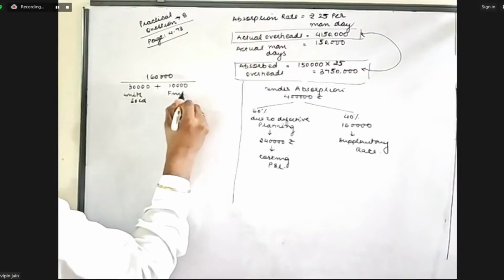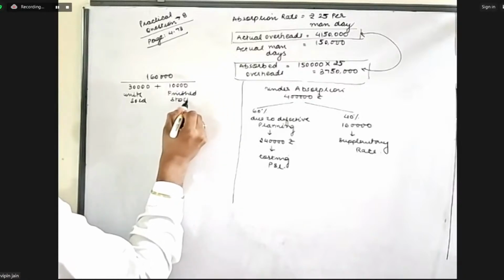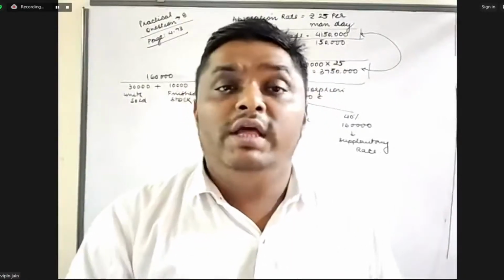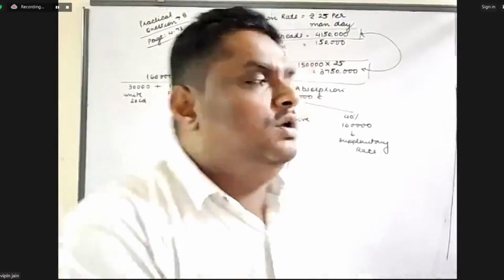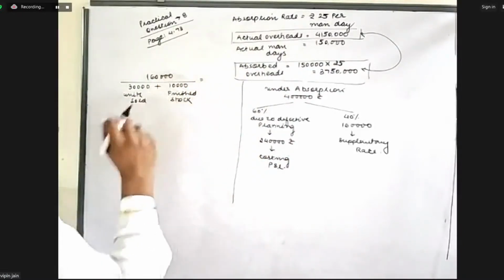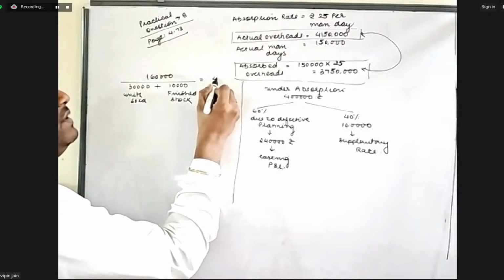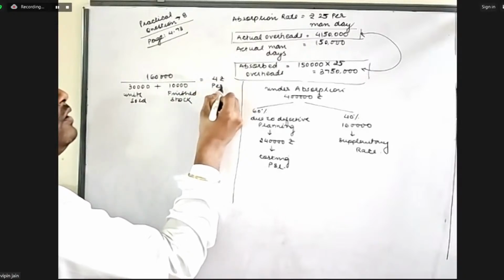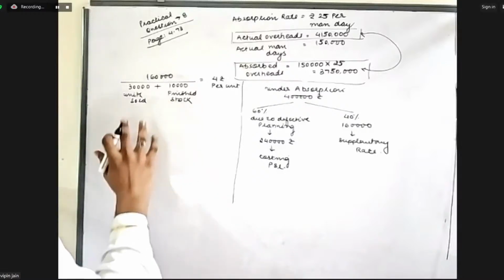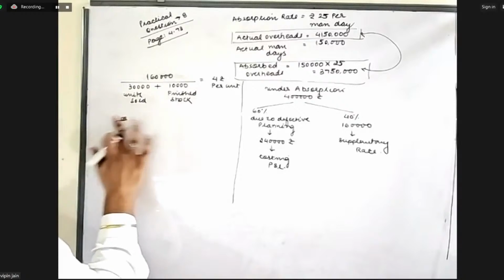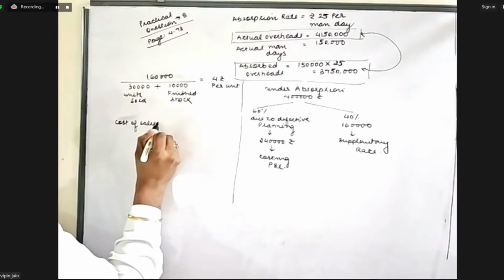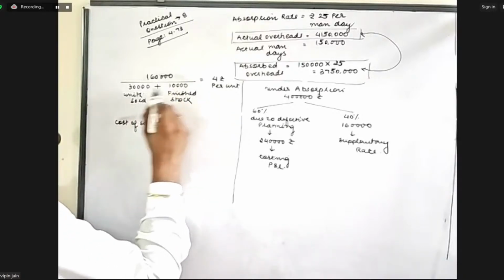Finished stock. Since we manufactured 40,000 units, of which 30,000 units are sold, it means 10,000 units are still in stock. So 30,000 plus 10,000, we get the supplementary rate 1,60,000 divided by 40,000. So this will be rupees 4 per unit. So we will charge it to finished stock and cost of sales. So my cost of sales will be increased by 30,000 into 4.